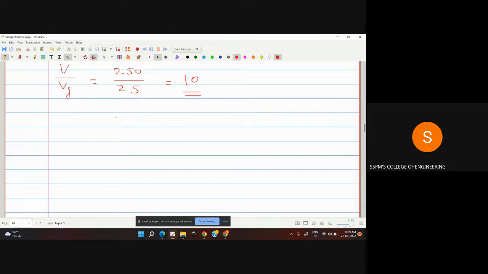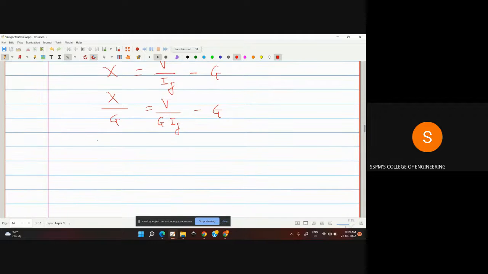You know the equation for X: X is equal to V upon Ig minus G. Get it? So dividing by G, X upon G is equal to V upon G into Ig minus G.